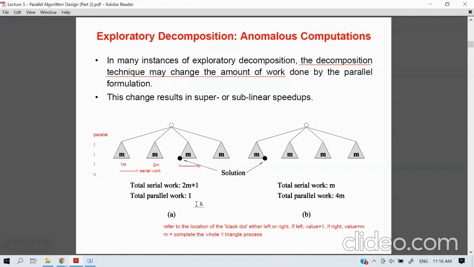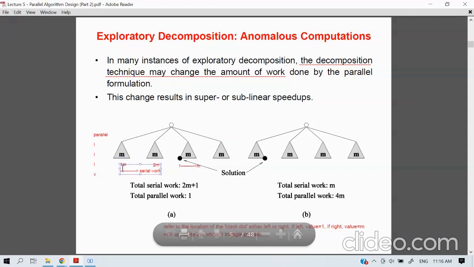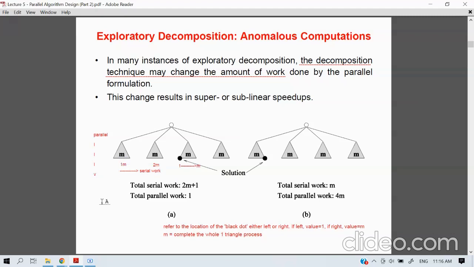So in the first diagram, to calculate how much M, or how much work, has been completed on each of the tasks, we need to analyze the diagram. As you can see here, from left to right, it is called serial work.